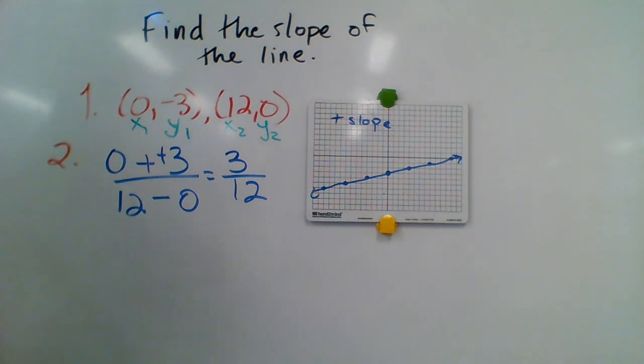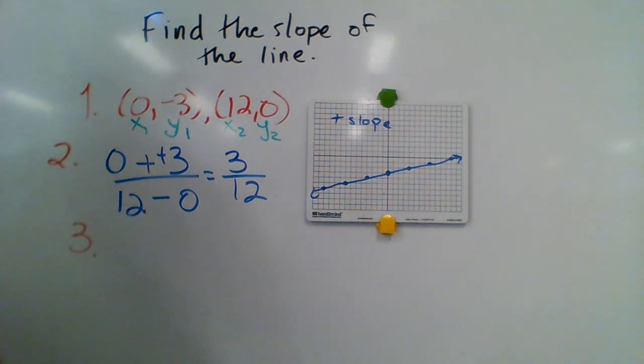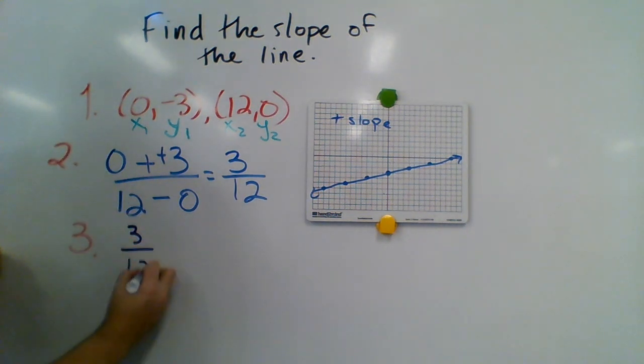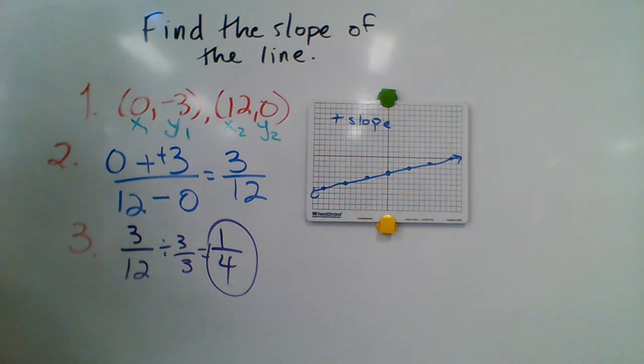Then we got to do step 3, which is to reduce if possible. 3 over 12, well, we can divide the top and the bottom by 3 to get 1 over 4. So my slope in this one is 1 over 4.